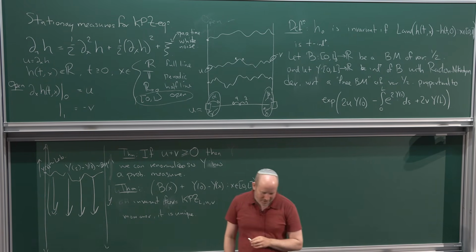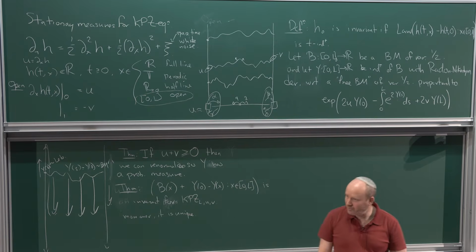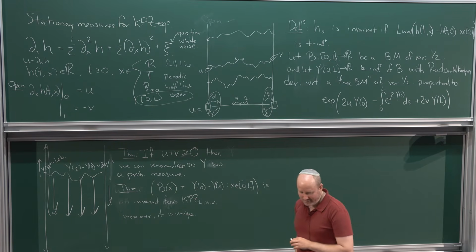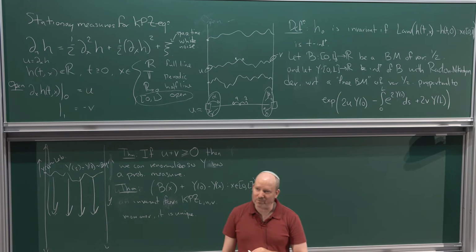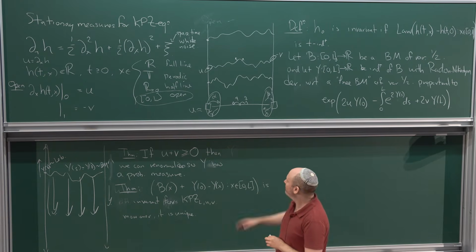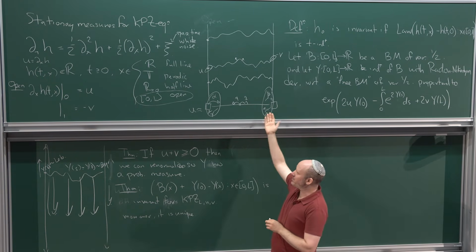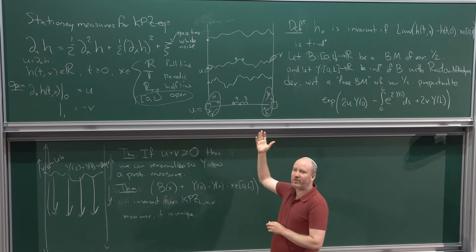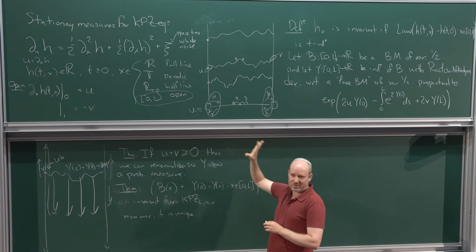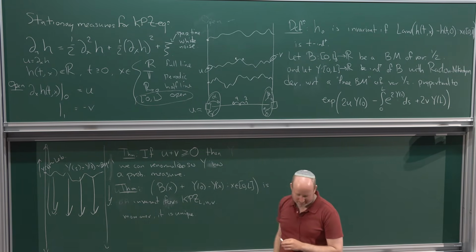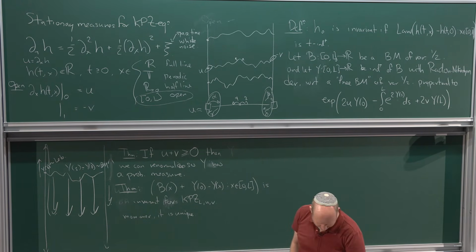But the real innovation came in 1994 in the work of Derrida, Evans, Hakim, and Pasquier on the matrix product ansatz for ASEP. This was a way of writing down the stationary measures in terms of some infinite dimensional objects that satisfy certain commutation relations. If I have time, I'll say something about it, but I think I have something in the notes about it as well.